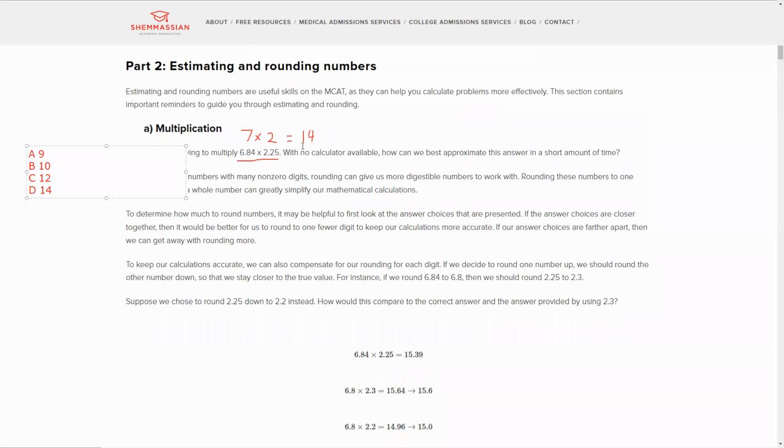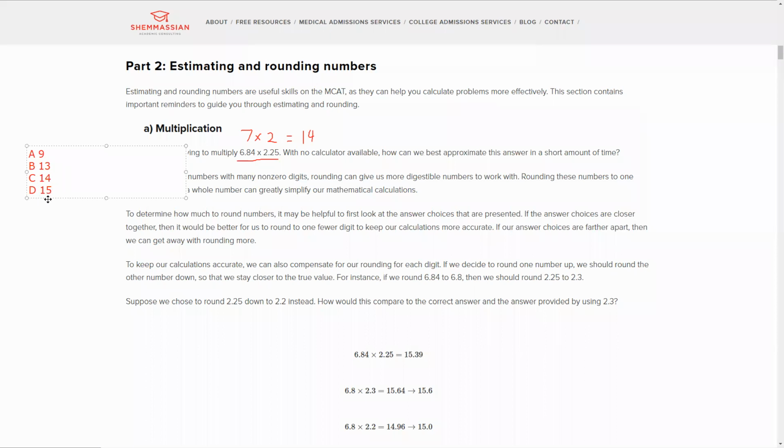But if the answer choices were more like 13, 14, 15, now it's not so clear cut what our rounding would have taken us to. If we punch it into a calculator, will it be closer to 13, or 14, or 15?